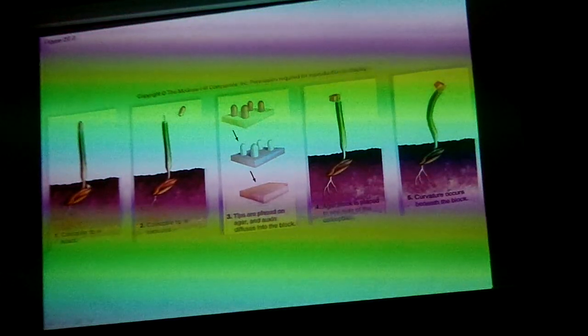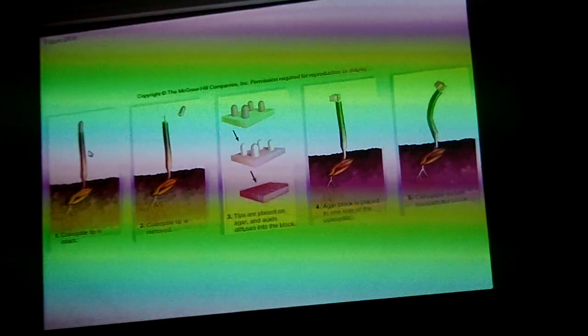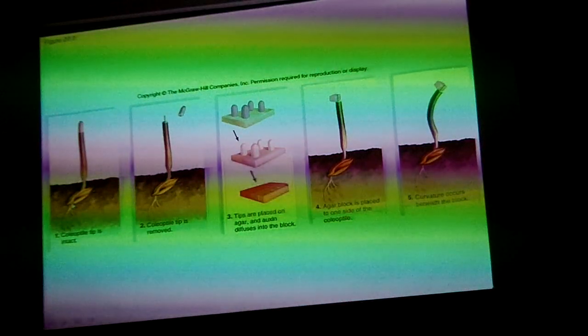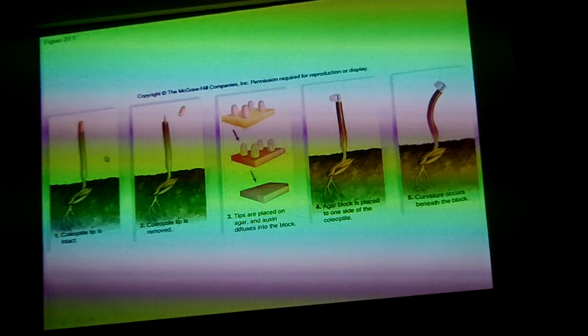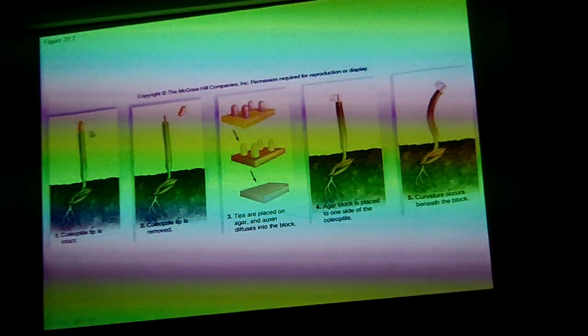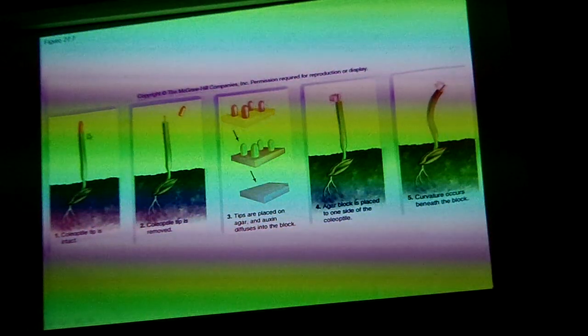What he did was he took a germinating seed of some plant, with the stem growing up and the roots growing down. He wanted to see how this stem's going to grow, and he cut the tip off of it.